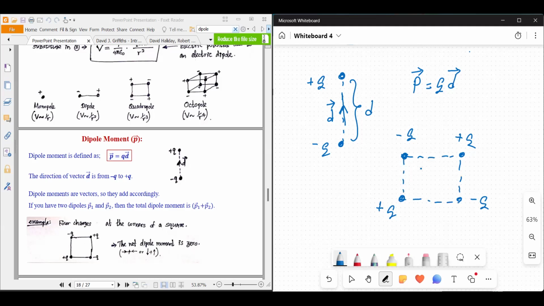Type in the chat how many dipoles we can identify in here. How many dipoles are here? Is it one, two, or how many?